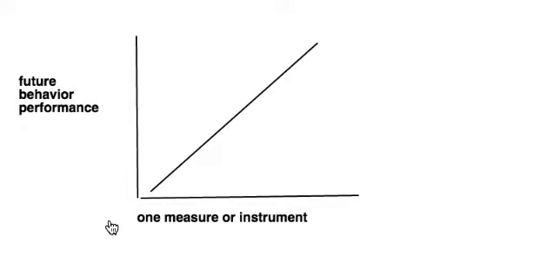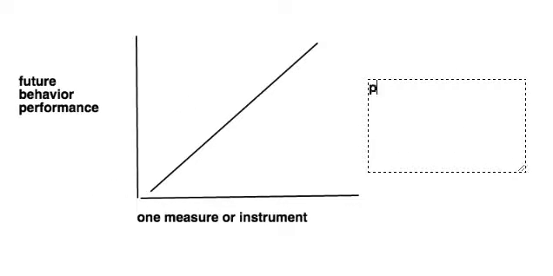Did anyone guess what this is called? Let's say I have you take a test right now, or maybe a survey, or I look at your course grade, and then I predict something. If you guessed predictive validity, that is right.